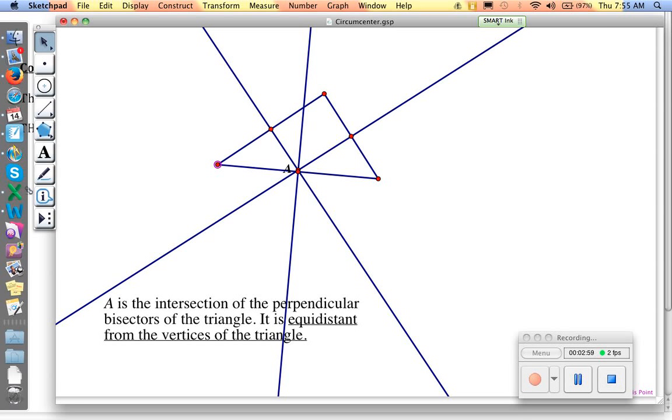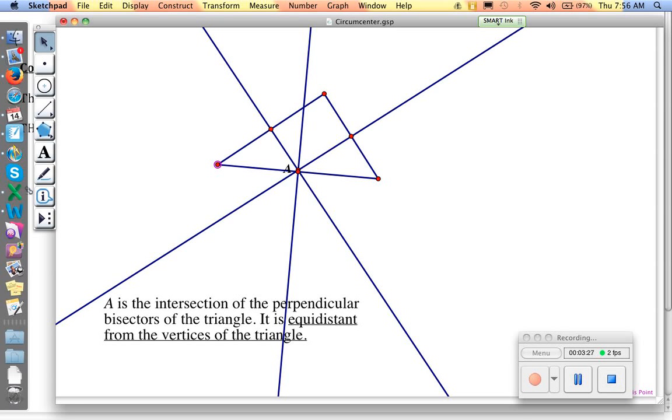Okay. And you'll notice on the bottom of the screen that the circumcenter is equidistant from the vertices of the triangle, and that's that big blank that you have there in your notes. That theorem about the circumcenter of a triangle, the big property about it is that it is equidistant from the vertices of a triangle.